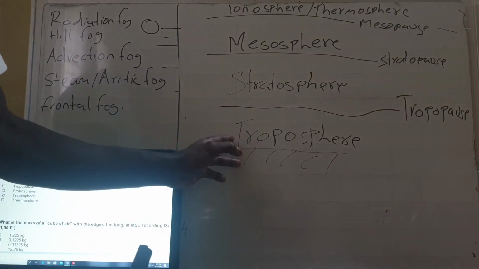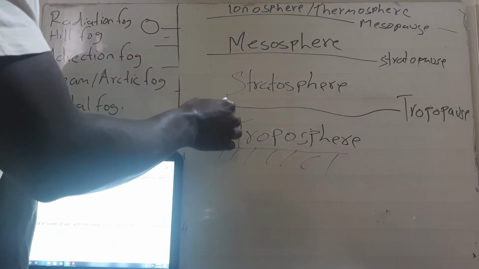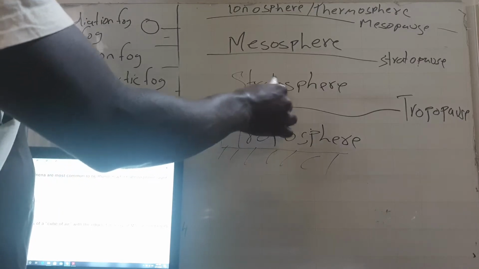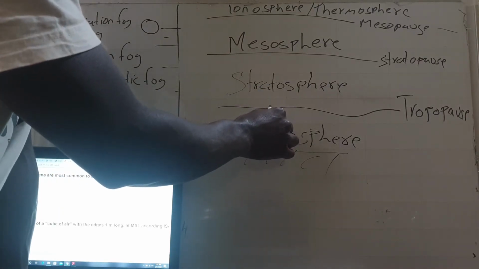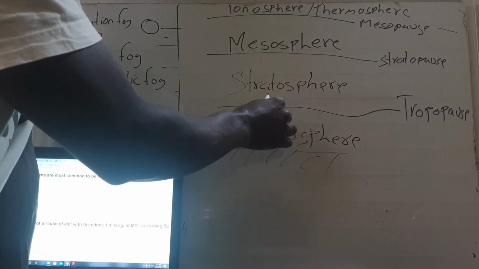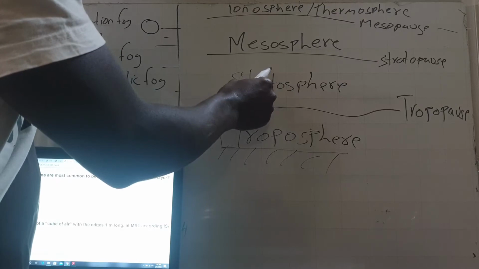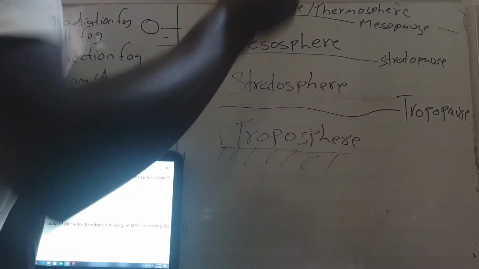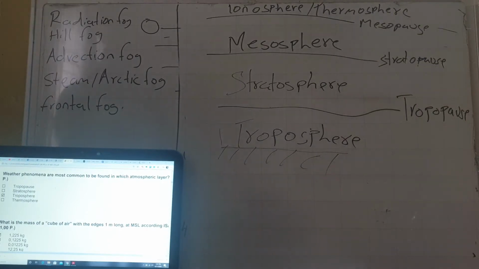Here, the higher you go, the cooler it becomes, until you reach the tropopause, where the temperature remains constant. Then you reach a point where the higher you go, the temperature increases gradually, all the way up to the stratosphere.